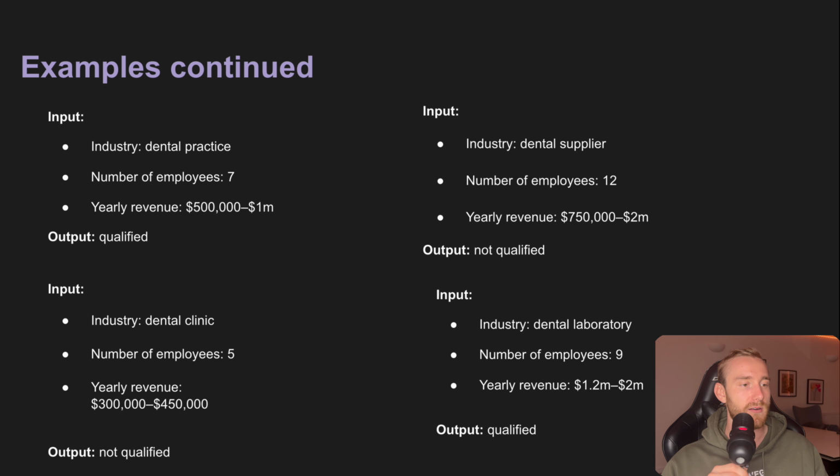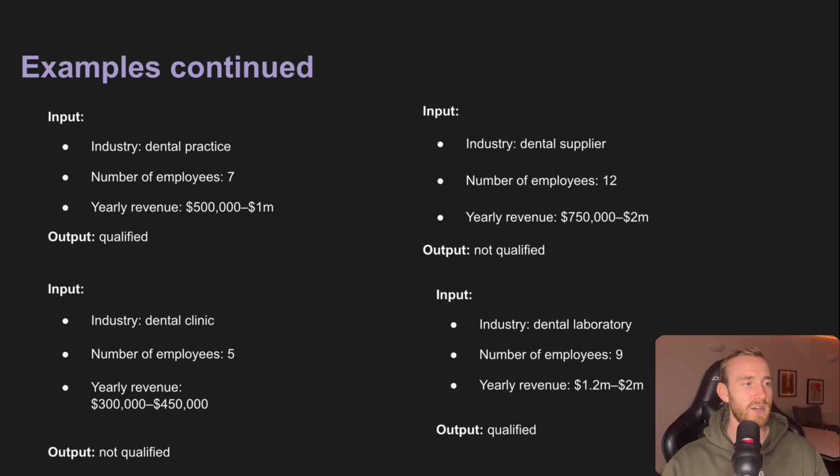You can see for our little example here are some examples. So you can see we've got the input that it's going to be receiving and then what output we want from that example is. Because in this case we have 2 different output options, qualified or not qualified, we want to make sure that we're adding examples for both. Depending on the tool you're building, there could be more potential outputs, and you want to make sure that you're adding examples for each possible output.